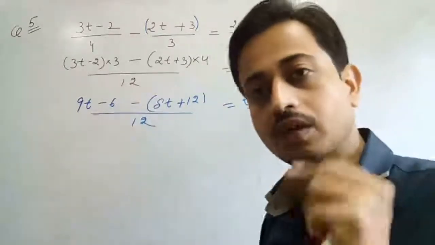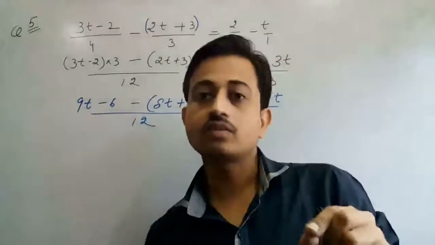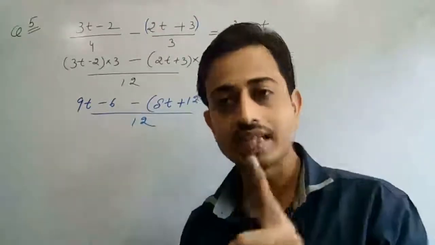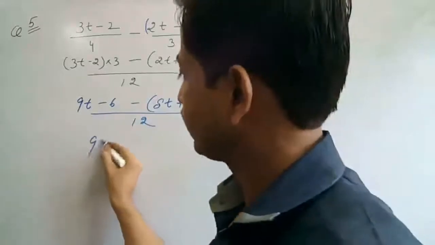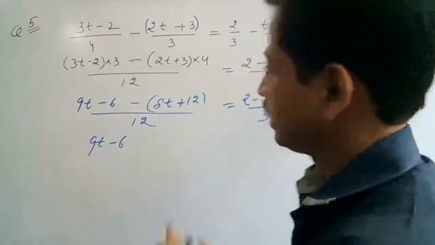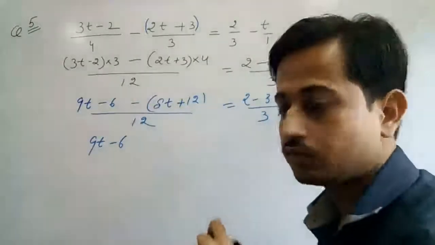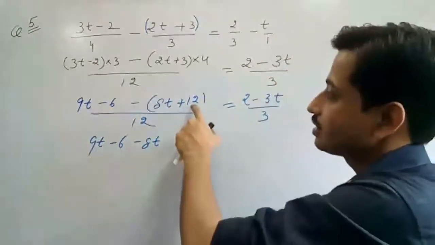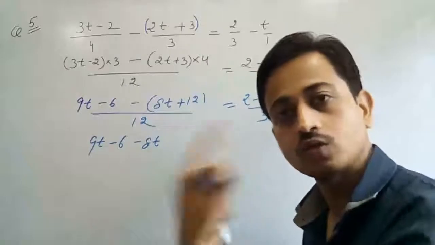Now we have to open the bracket, and you know if there is a negative sign before the bracket, the signs of the terms inside will be changed. So 9t minus 6. Here the sign of 8t is positive. If you open the bracket, the sign of 8t becomes negative. Here the sign of 12 is positive, so it also becomes negative.